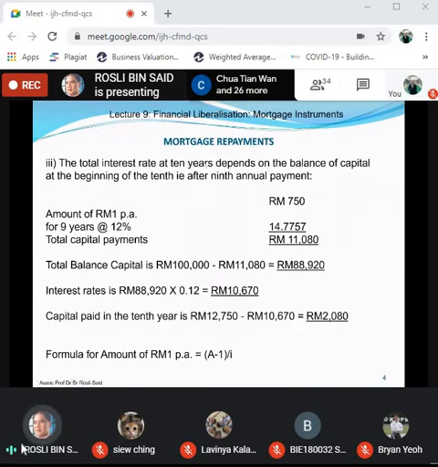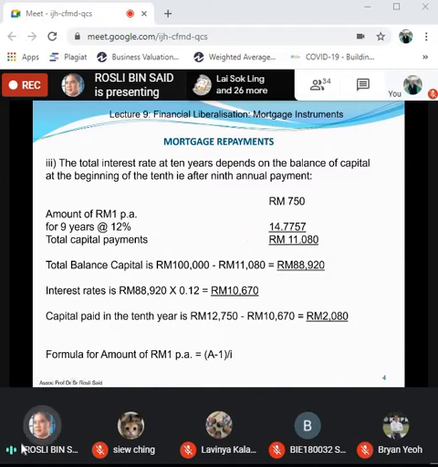And question 3, the total interest rate at 10 years depends on the balance of capital at the beginning of year 9. Beginning of the 10th, that means at the end of the 9th year annual payment.